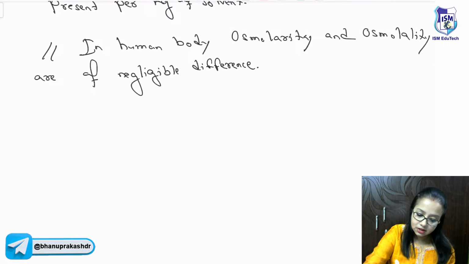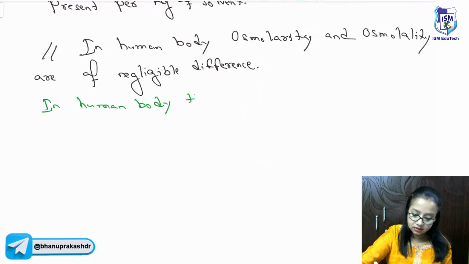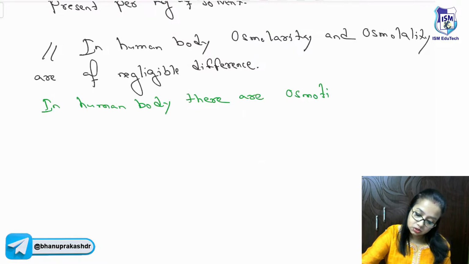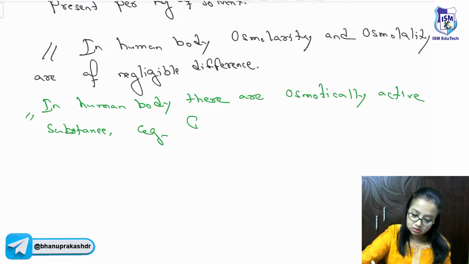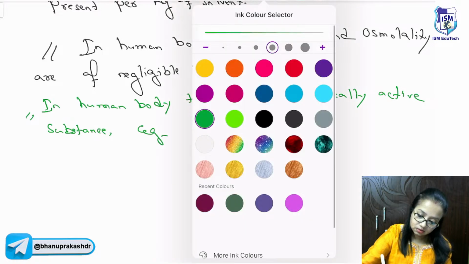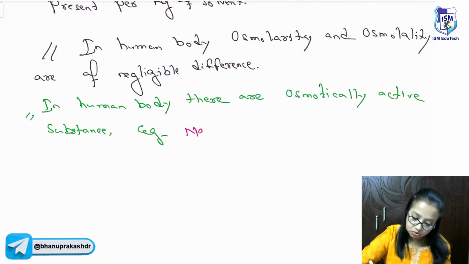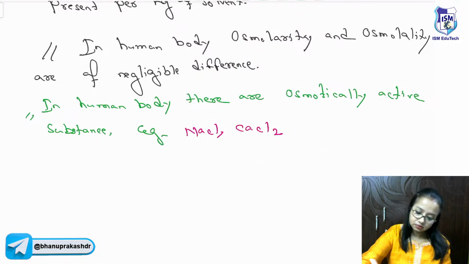In the human body, there are osmotically active substances. Example, sodium chloride, calcium chloride.